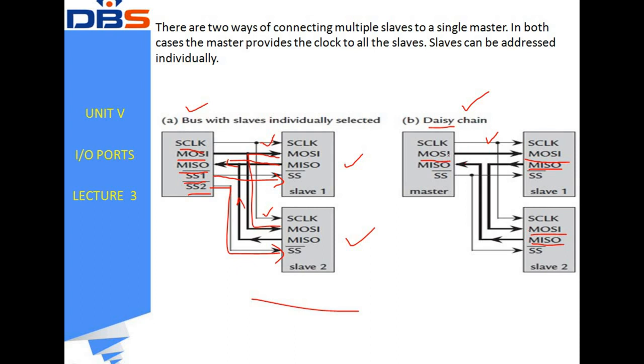I repeat, from the master we are transmitting the data to slave 1 but not slave 2, and the slave out data will be sent from slave 1 to slave 2. Okay, and the data present, that is serial out, slave out master in, will be given to the master.